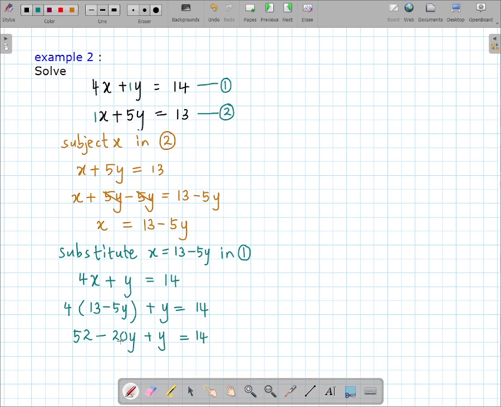Then I can see like terms. 52 minus 20y plus y, that is minus 19y equals 14. Then here plus 52, we have to subtract 52 from both sides to subject minus 19y.